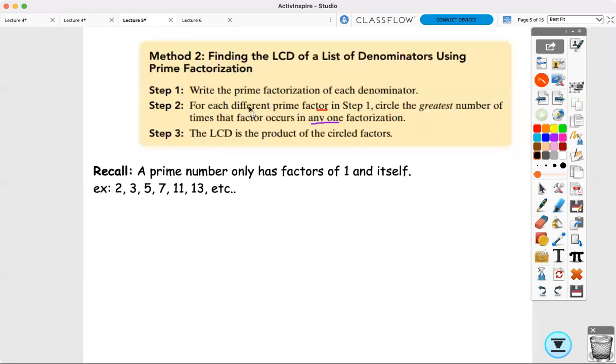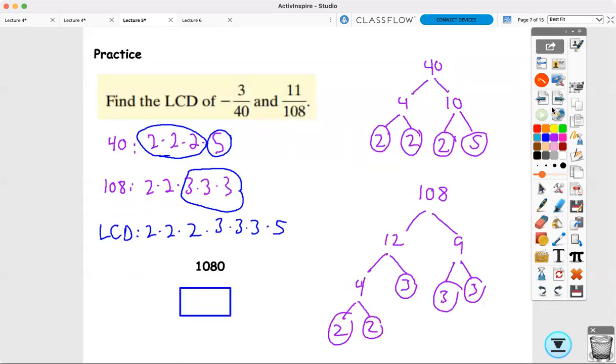It says for each different prime factor, and these are all different primes, every time you see these numbers in your prime factorization, you want to make sure you circle the greatest number of times that factor occurs in any one factorization. So in this one here, the 5 was only here once, but it was still here. So we have to include it in the calculation.